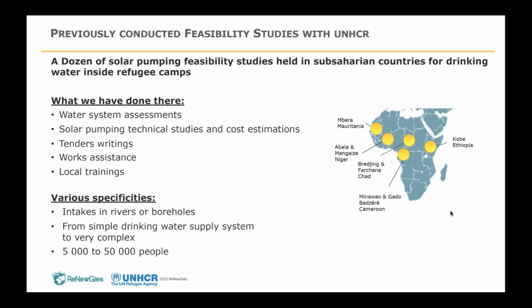We've encountered very various specificities, from intake in rivers or boreholes, from very simple drinking water supply, like just one tank, one pipeline, one well, to sometimes very complex systems with a number of wells and pipelines connected to each other. So from 5,000 to 50,000 people, it gives you an overview of the range of projects we have been working on.